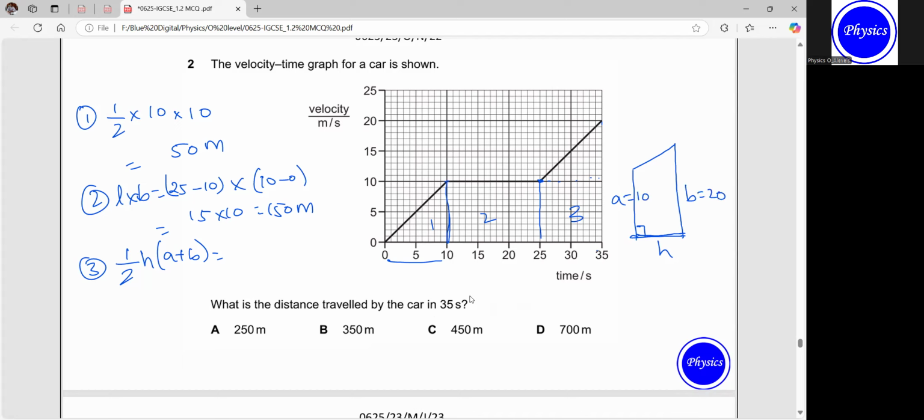So half times 10 times (10 plus 20), which will be 150 again. Yes, 150.